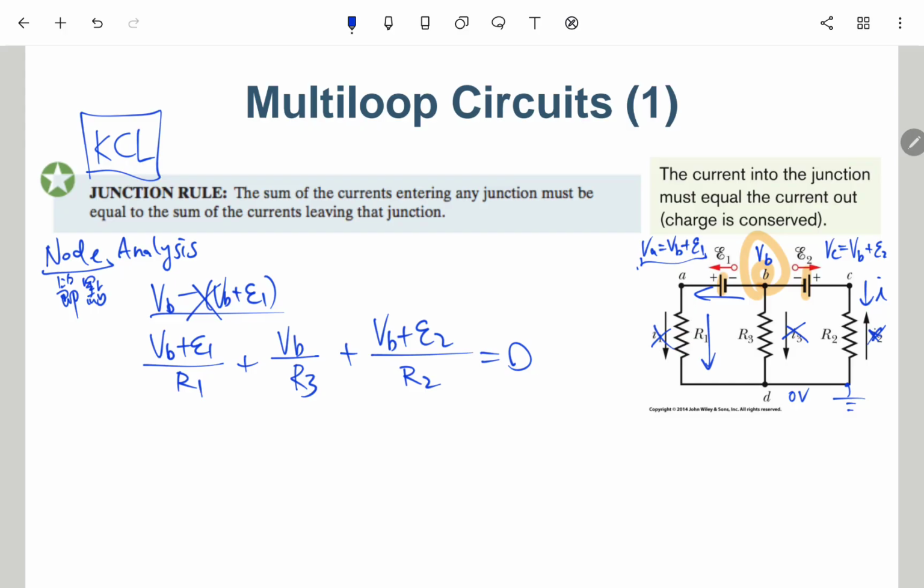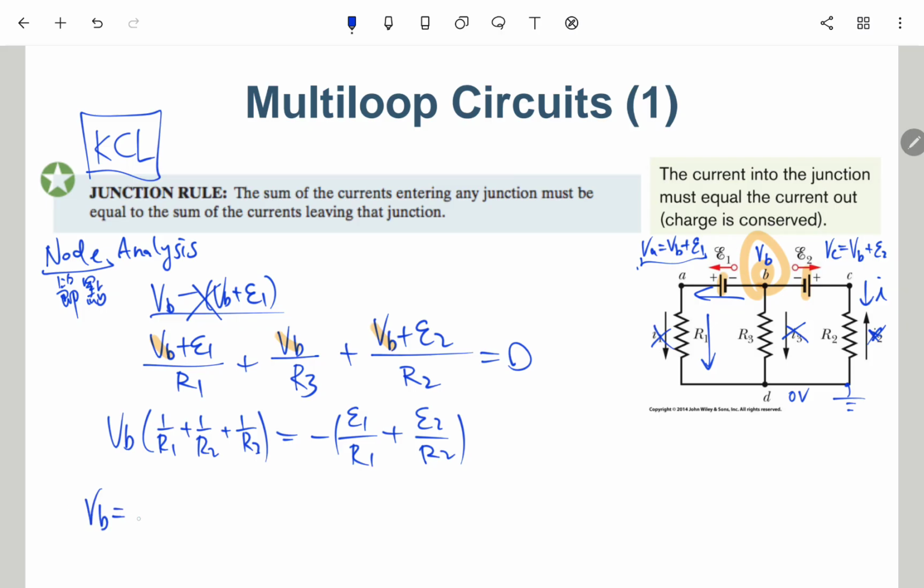Here we only have one variable, VB. All the others are known values. So we collect the terms: VB times 1 over R1 plus 1 over R2 plus 1 over R3, and then we move negative E1 over R1 and plus E2 over R2.